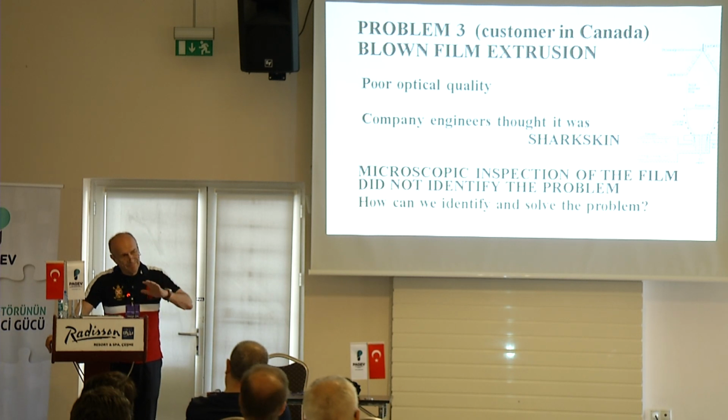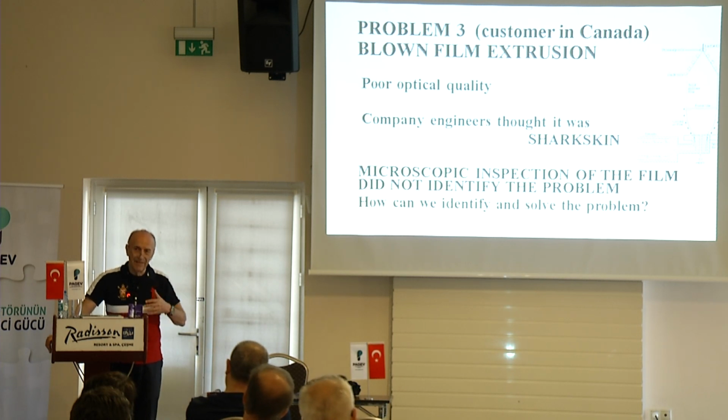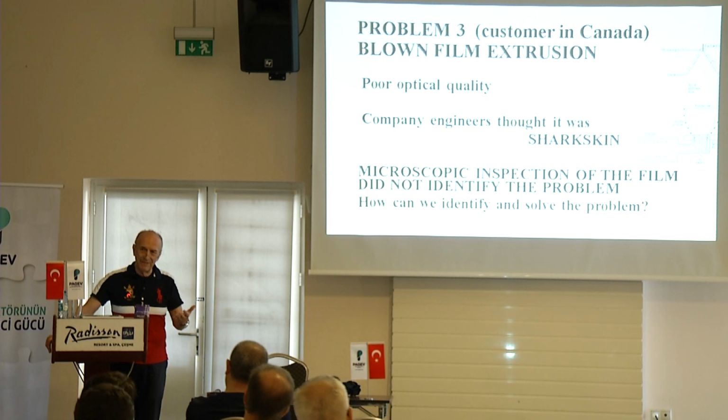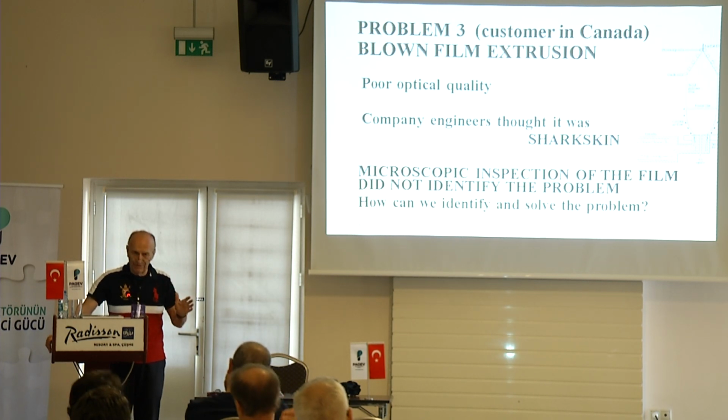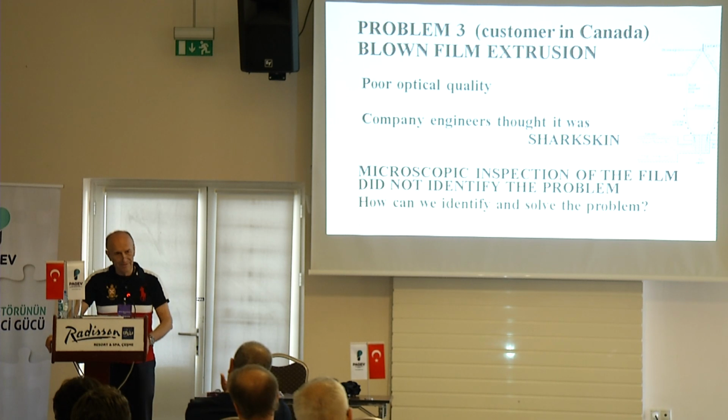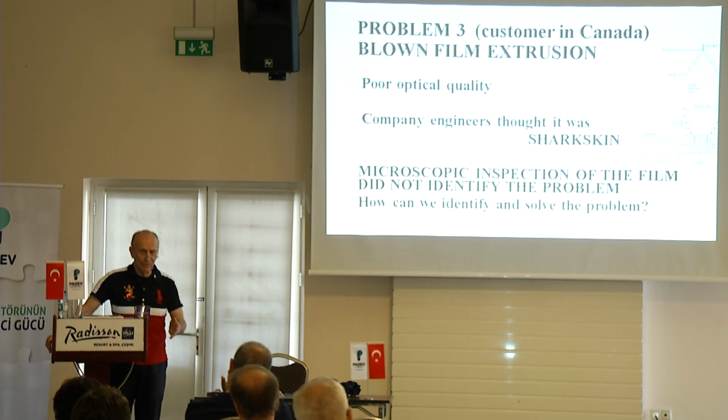It had some roughness. Usually the roughness is attributed to the phenomenon that is known as shark skin, roughness on the surface. But it was not. I'll tell you how we were able to solve this problem.